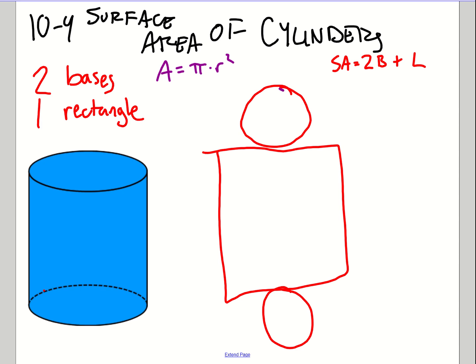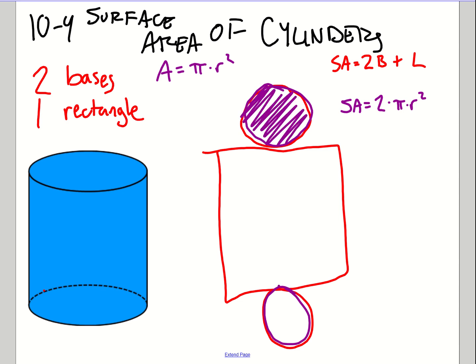And so because I have not just one, but two circles, my formula is going to say surface area equals 2 times pi times the radius squared. That right there covers both of the areas of my circles.